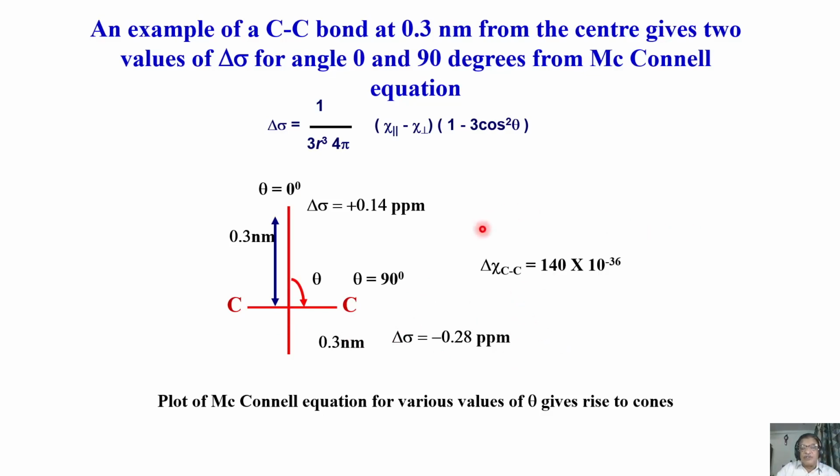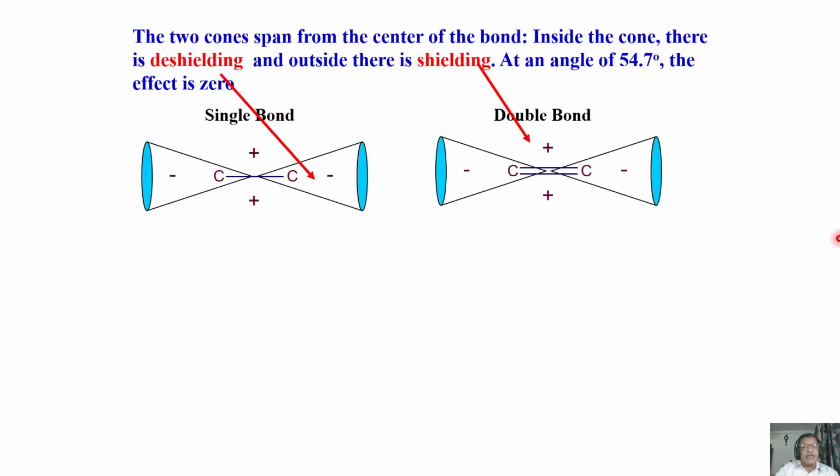Of course, we know the value of susceptibility anisotropy of the CC bond, which is well known and available in the literature. So these two extreme values, theta equal to 0 and 90, we can calculate knowing the parameters, because R is known, 4 pi is known, and the difference in susceptibility is known. Where theta is the angle, you calculate delta sigma. Very simple. Now as a function of theta, you can plot it.